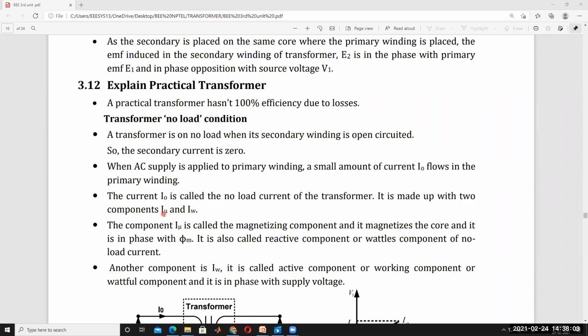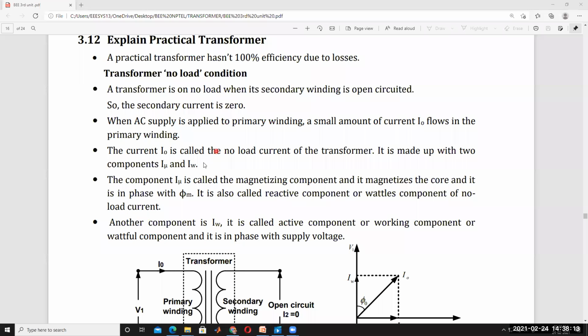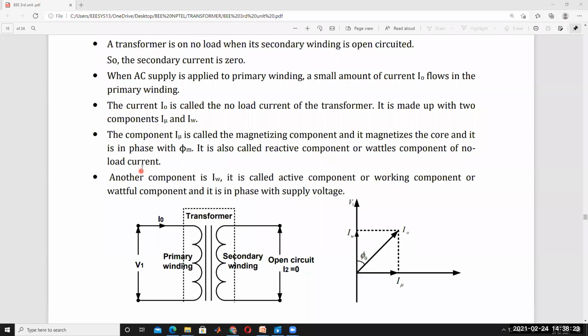Iμ is called the wattless component. Iw is called the wattful, useful component. Because of winding resistance, Iw is drawn from the supply. Because of inductance, Iμ is drawn from the supply. The component Iμ is called the magnetizing component, and it magnetizes the core.